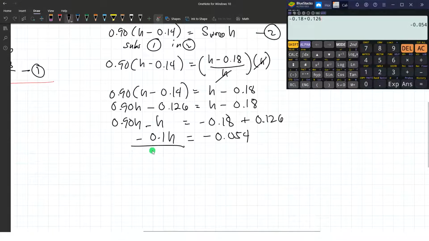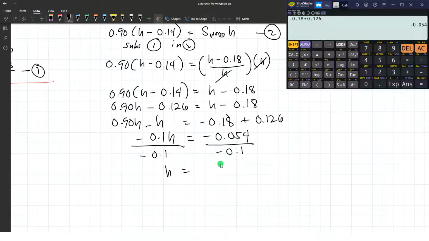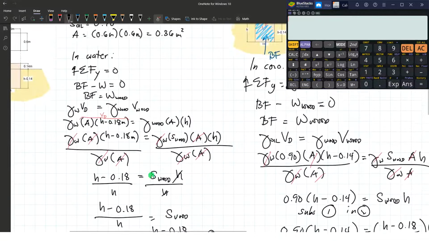Dividing both sides by negative 0.1, we have H equal to positive 0.54. That is in meters because our units used here are in meters.